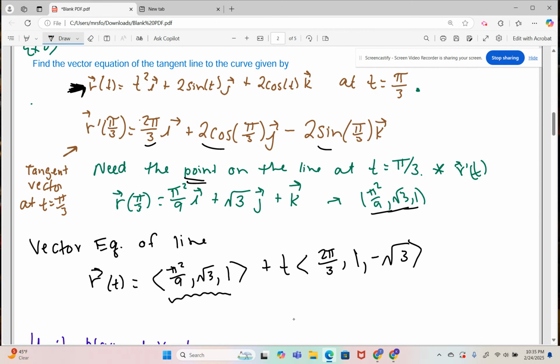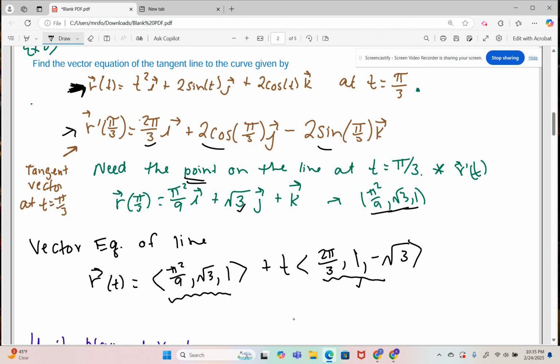The sine of pi over 3 was square root of 3 over 2, which is where this square root of 3 came from. Now, for what we're multiplying by the t, we get from the derivative. So 2 pi over 3. Now, cosine pi over 3 is 1/2. So 2 times 1/2 is 1.